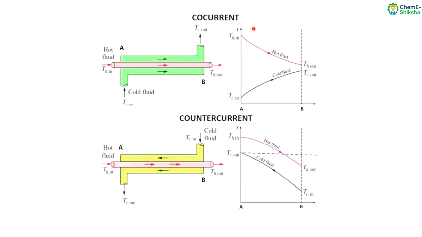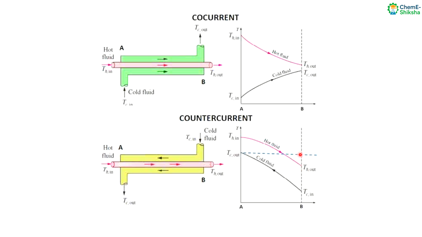But in case of co-current flow, it is not possible for the outlet temperature of the cold fluid to exceed the outlet temperature of the hot fluid. It is not possible for co-current or parallel flow, but for counter current flow, it is possible that the cold fluid outlet temperature crosses the hot fluid outlet temperature. We can see over here.